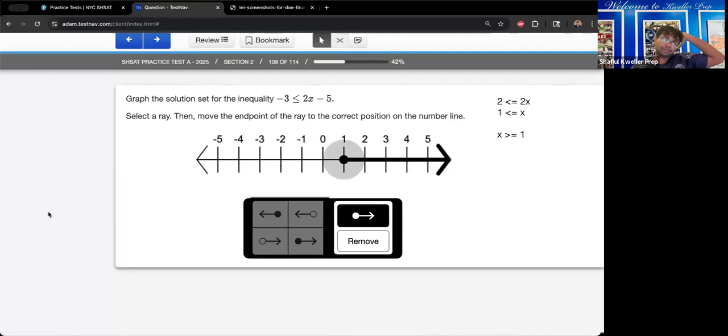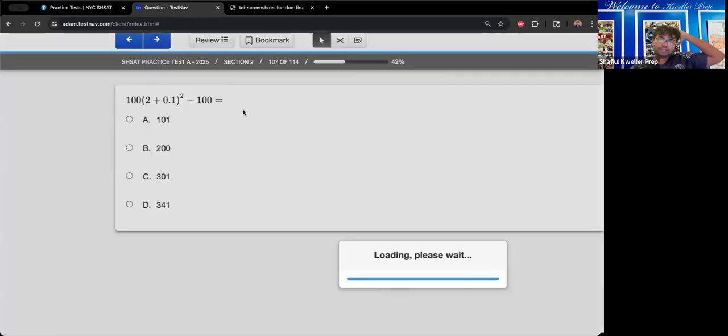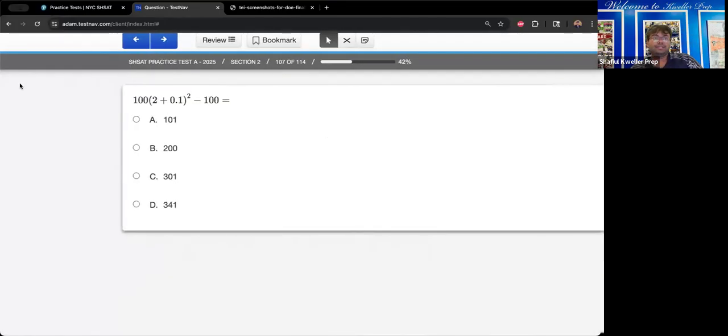Let's go to the next one. Okay, so this is just 100 times (2 plus 0.1) squared, which is 2.1 squared, minus 100. 100 times 2.1 squared is 4.41. Wait, yes, I believe so.